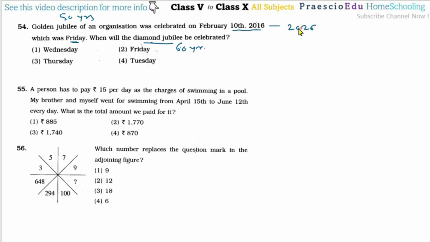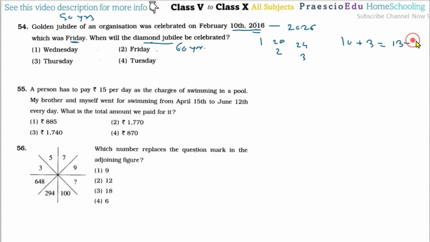In between these, how many leap years? 2016 is one, then 2020 is the second, then 2024 is the third. So there are a total of 3 leap years, so we have to add this 3 to the 10. So 10 plus 3, we get 13. In a week there are 7 days, so we deduct 7, and the remaining is 6 days.